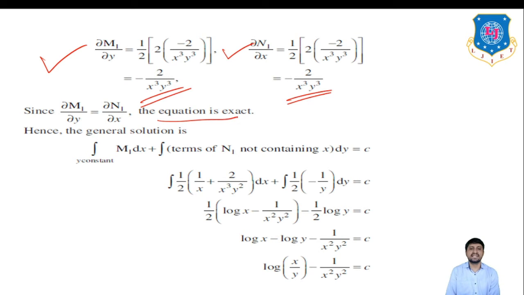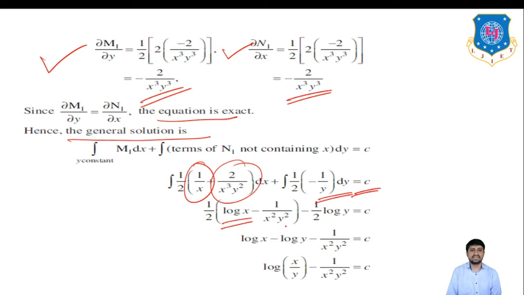The equation is exact, hence the general solution is integration of 1 by 2 (1 upon x plus 2 upon x cube y square) dx, plus integration of 1 by 2 (minus 1 upon y) dy, that is equal to c. So 1 by 2 integration of 1 upon x is log x, and this is minus 1 upon x square y square, minus 1 by 2 log y, that is equal to c.